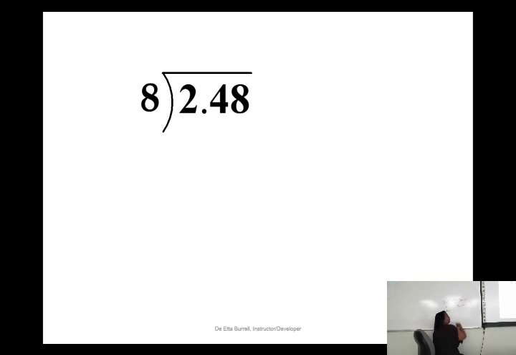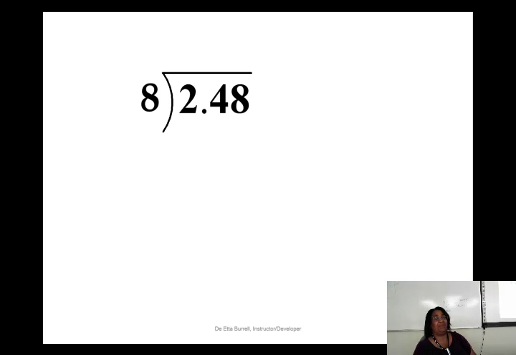And it's important that you guys know that because you could get a question that says the quotient is blah and blah. Or in this case, they could say, what is the quotient of 2 48/100ths divided by 8?